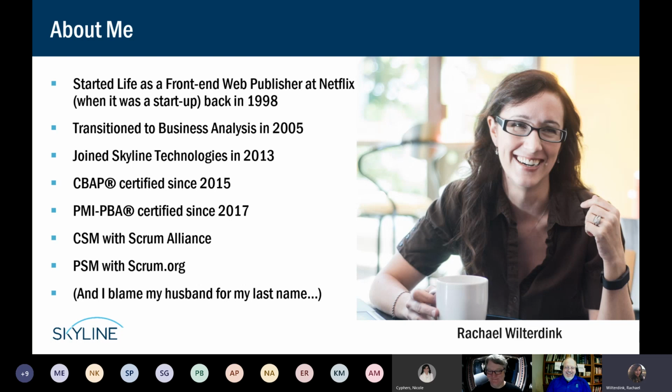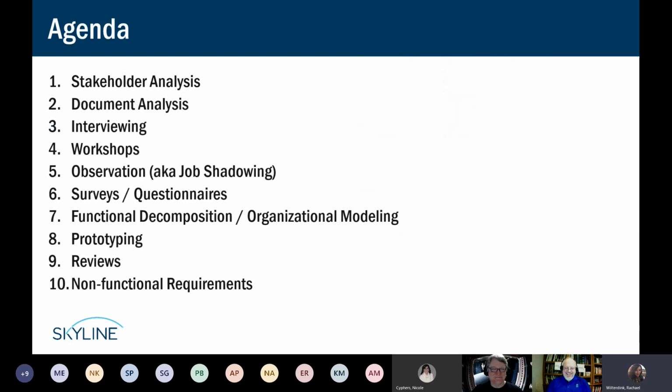But anyway, moving on. Okay, so our agenda for today is to talk about 10 different common business analysis techniques. I'm going to cover each one of these briefly. If you have questions, like Paul said, feel free to jump in. We're going to do a shallow dive, not a deep dive. If anybody wants a deep dive on any one of these techniques, I'd be more than happy to come back at another meetup and do one.